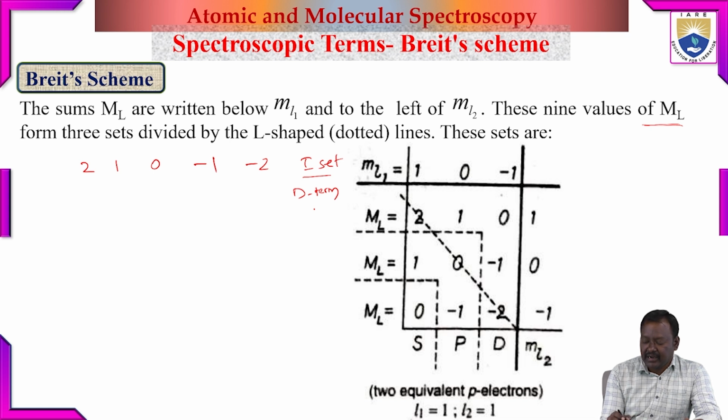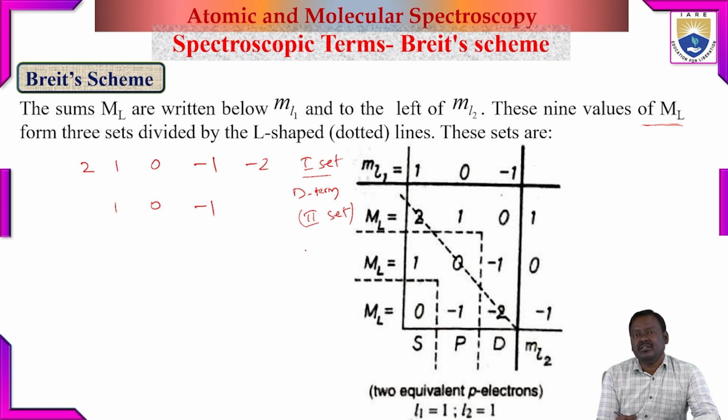And the second set is 1, 0, minus 1. This is the second set. So 1, 0, minus 1 indicates L value 1, total orbital angular momentum L value equal to 1, that means P term.